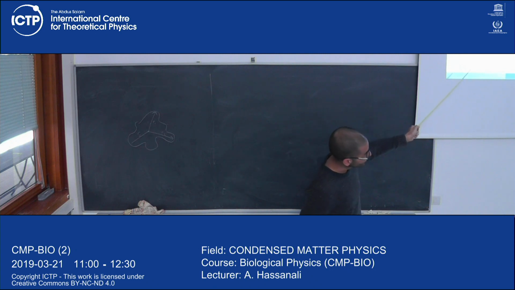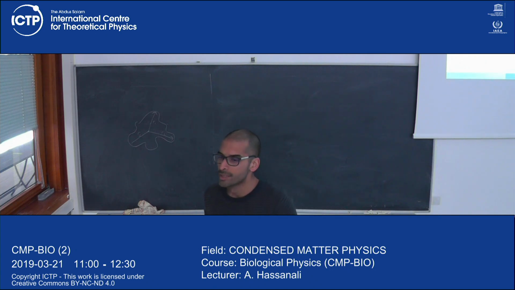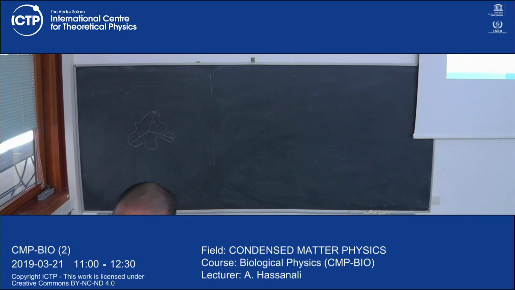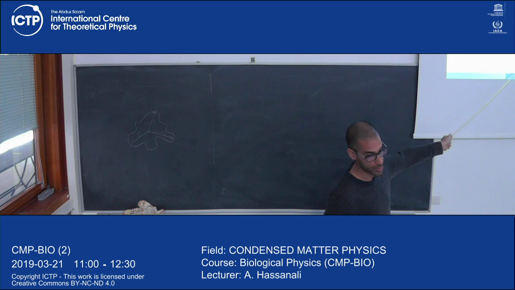And what we're going to see, and this is really the heart of why biological systems work very efficiently, is that we're dealing with force fluctuations on the order of piconewtons. And where this comes from is thermal energy at room temperature divided by a length scale.